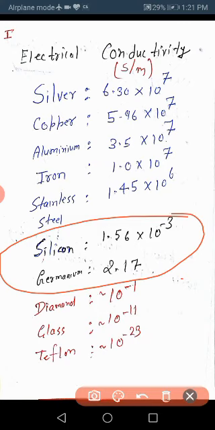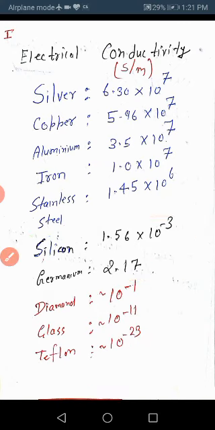I think this is wrongly written. This should be 10 raised to the power -11, -12, or between -11 and -12.